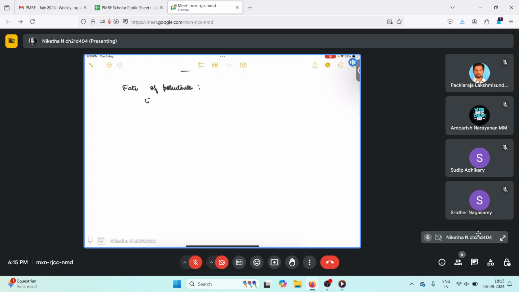Okay. So first, it could undergo dispersion. It could just disperse and spread out. Second one is dilution, meaning that it could spread and it could get diluted.